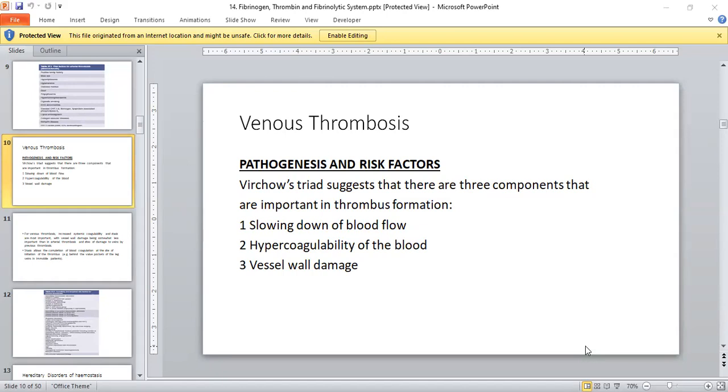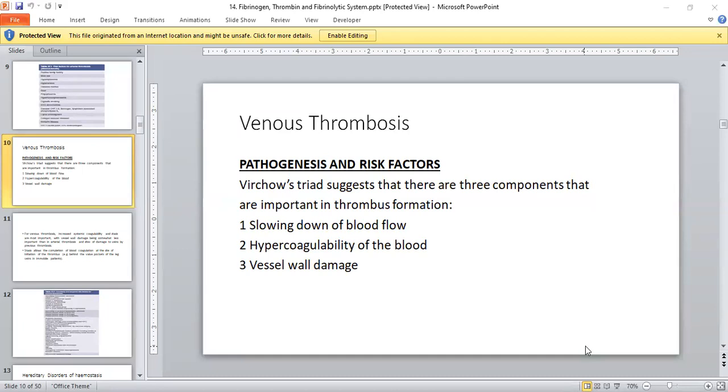And then the problem is that the thrombus can detach and migrate to parts of the body that can be very dangerous. For example, if it gets to the heart, it can affect the heart. It can migrate to the brain and cause a stroke by obstructing the tiny capillaries in the brain.